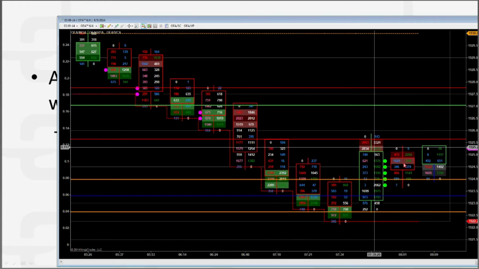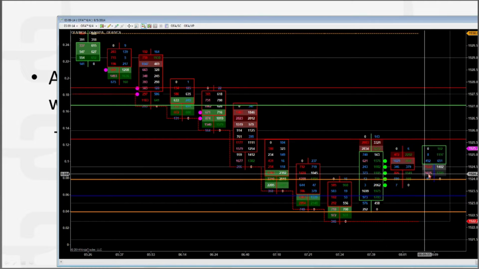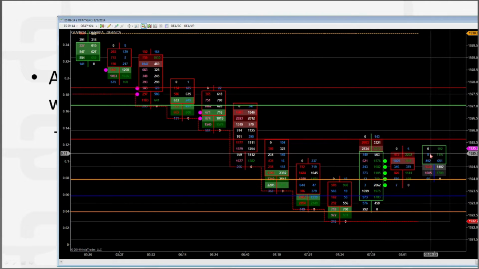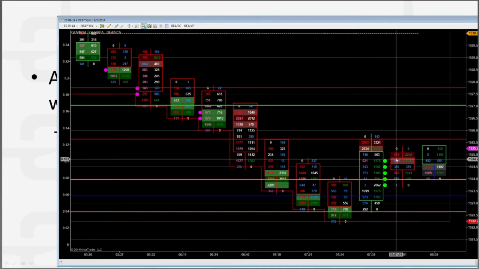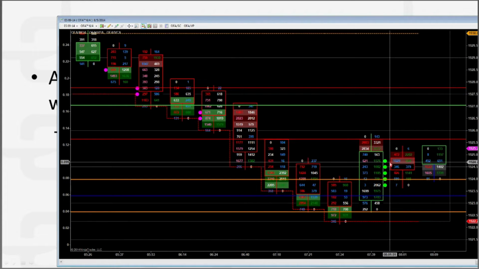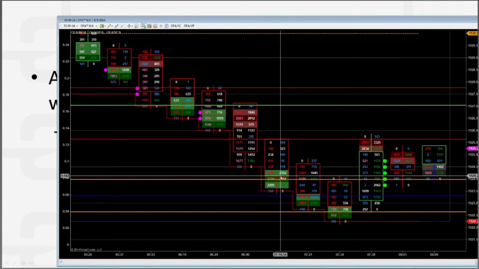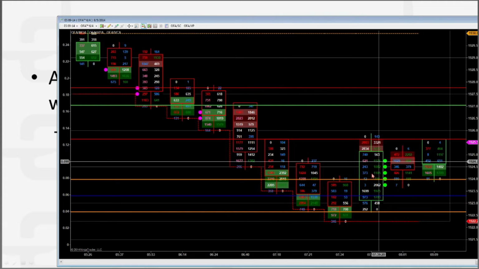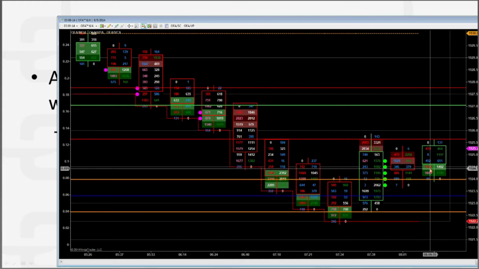Even though we have a selling cluster in the volume cluster analysis, what the print right now is telling me is the selling that occurred up here, I don't see the same strength as I did. And the other thing that I don't see is the weakness again in the buyers at the offer. I'm seeing strength come back into the offer, and what I don't see yet is the strength back at the bid with the selling.